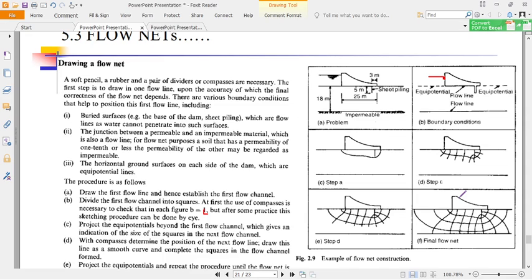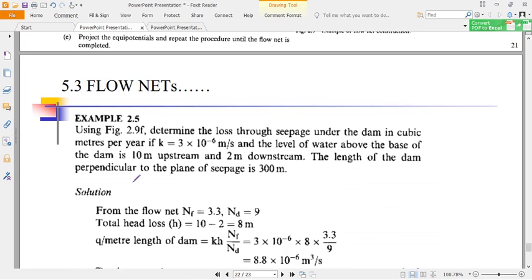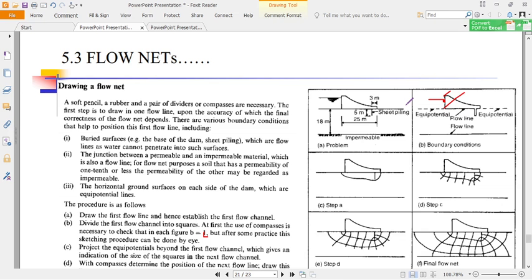The length of the dam, perpendicular to the plane, is 300 meters.